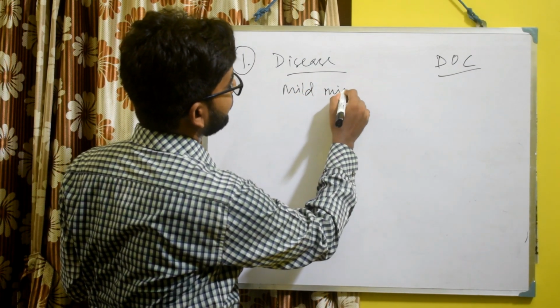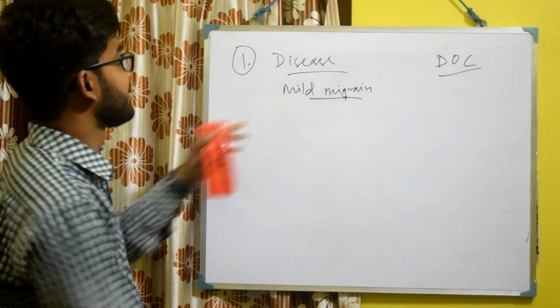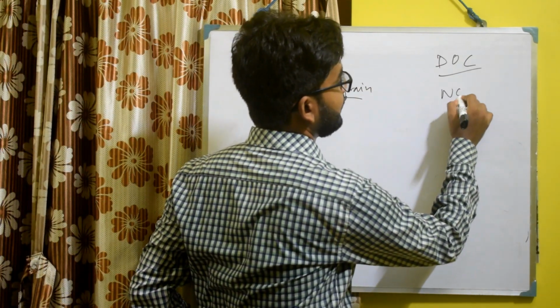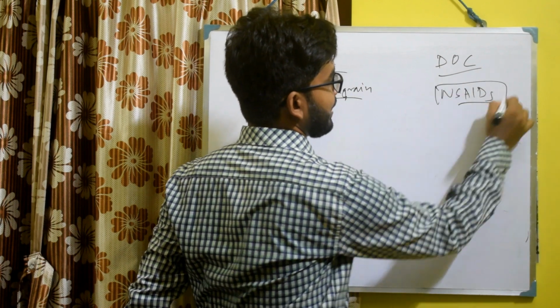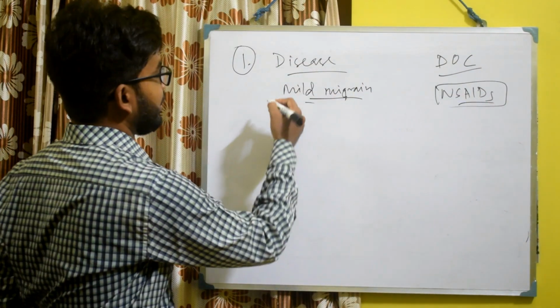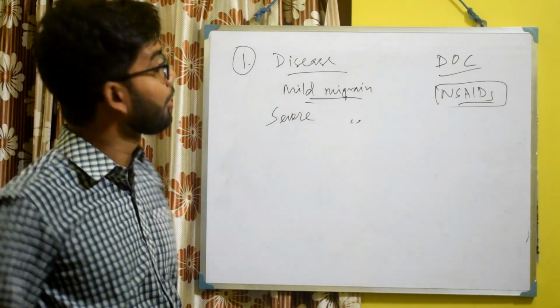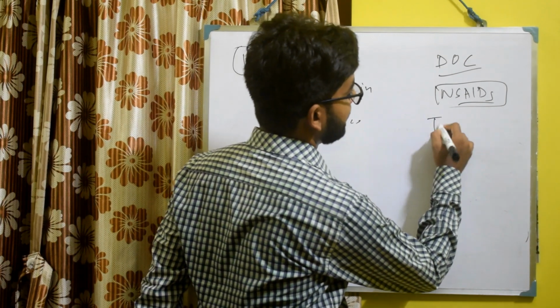In case of mild migraine, this is the disease, and what should be your drug of choice? The drug of choice will be NSAIDs, generally paracetamol. But in case of severe migraine, your drug of choice will be triptans.